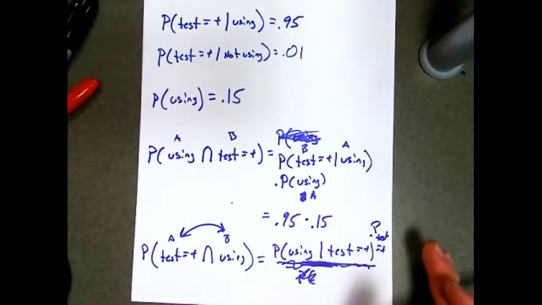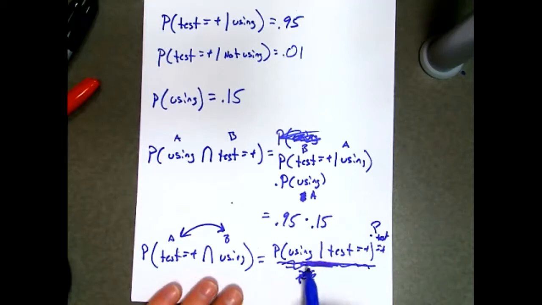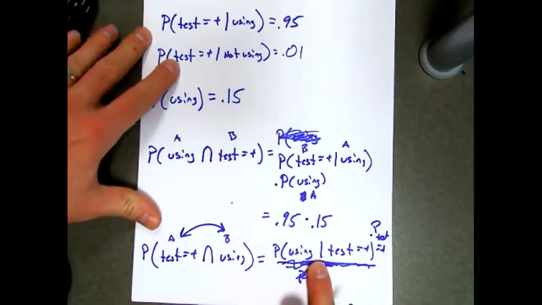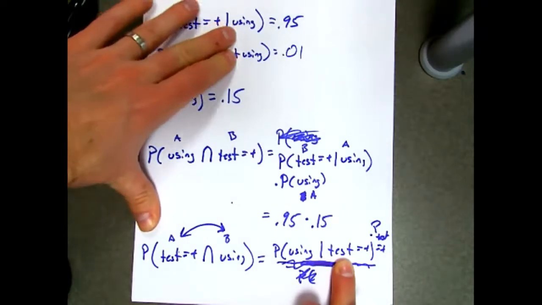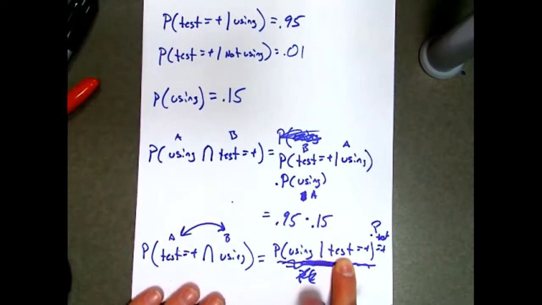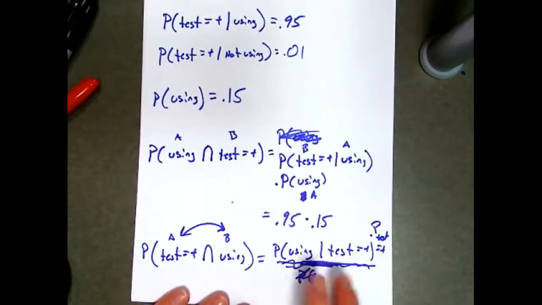Any questions before I keep moving here? Yeah. The second way that you wrote it, if we didn't realize that you could just switch it around, could you use the conditional? So, right, the problem is these conditionals are conditioning on the test. I was only given things that condition on the state of nature, right? So I can't actually use these probabilities down here, because the order matters when it comes to a conditional probability, right?